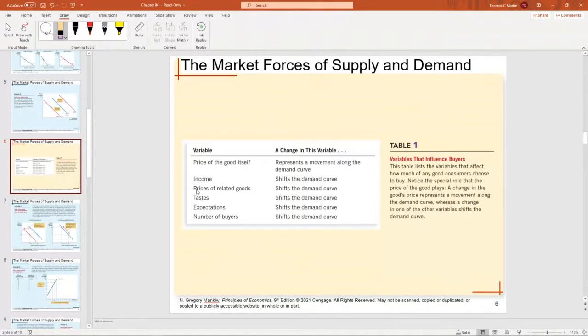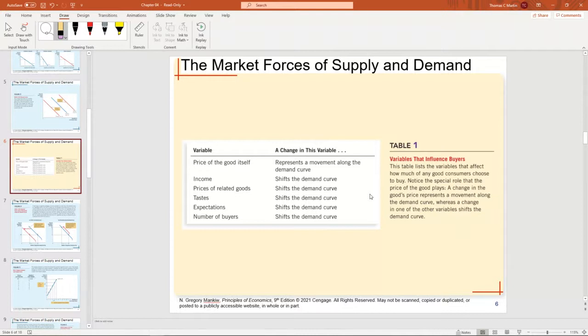But those are substitutes. So we have a Coke and Pepsi machine sitting side by side. If they raise the price on the Coke to $2 and the Pepsi's $1.50, more people are going to move to the Pepsi. So there'll be an increase in the demand for the Pepsi, but also a decrease in demand for the Coke, because those individuals were making a choice between the two products, and price swayed quite a few to move from Coke to Pepsi.